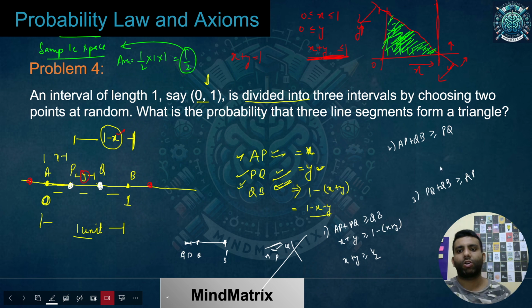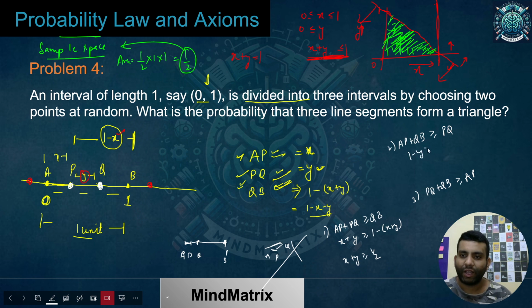So AP plus QB is what? If I just add AP and QB, X and X will get cancelled. In the summation, I'll be left with 1 minus Y.